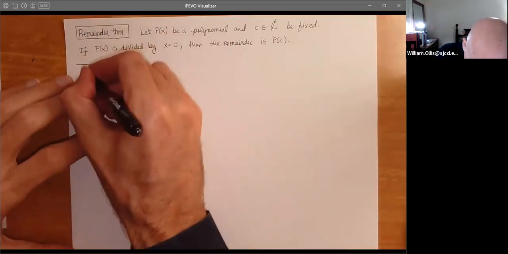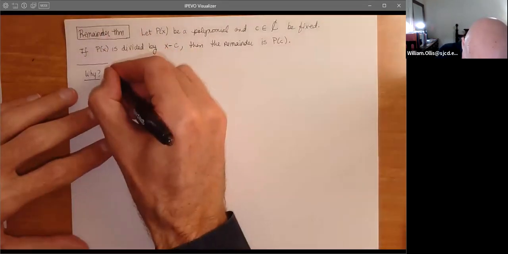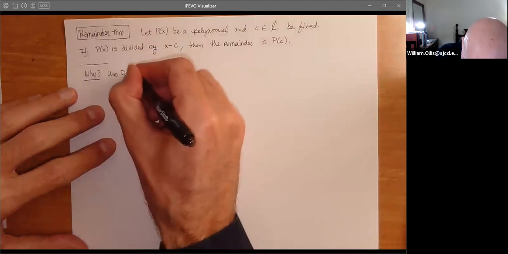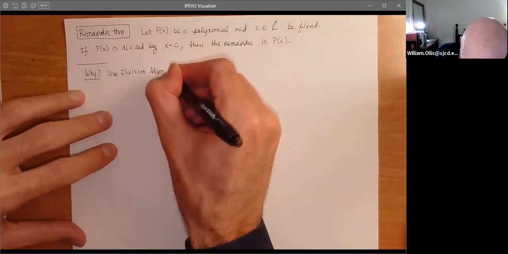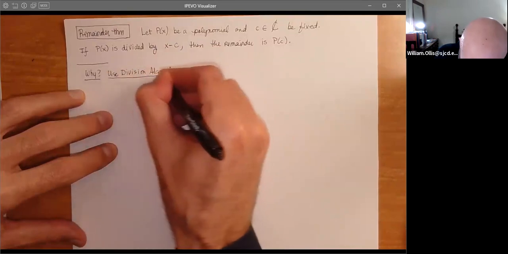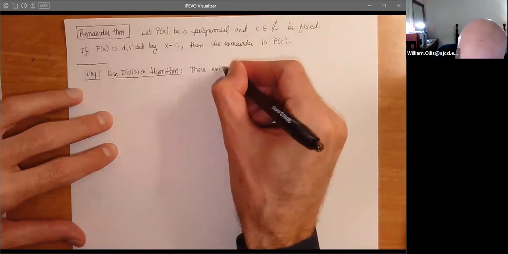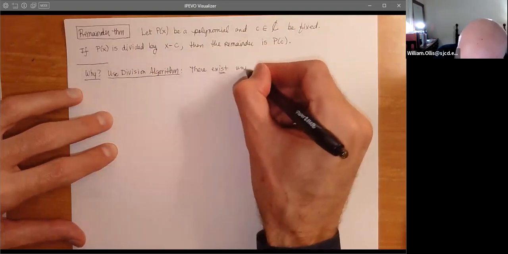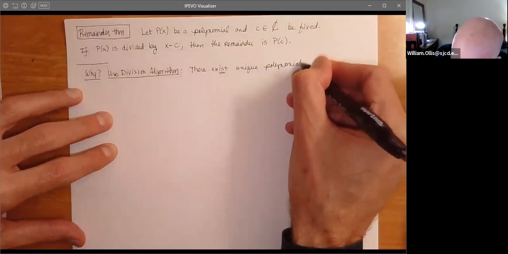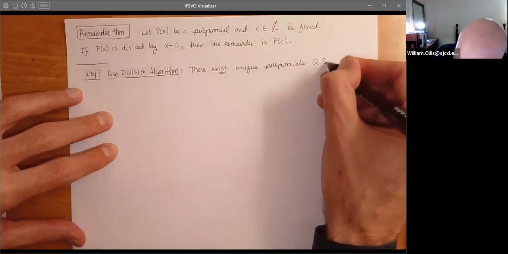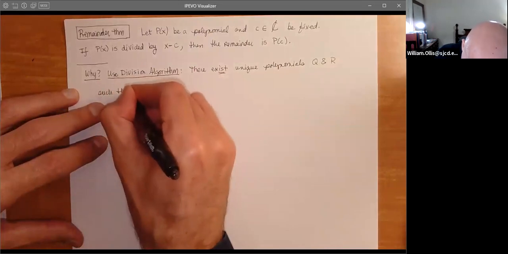So why is this true? Well, we can just use the division algorithm. So now we'll say there exist unique polynomials Q and R such that we just fill it in.